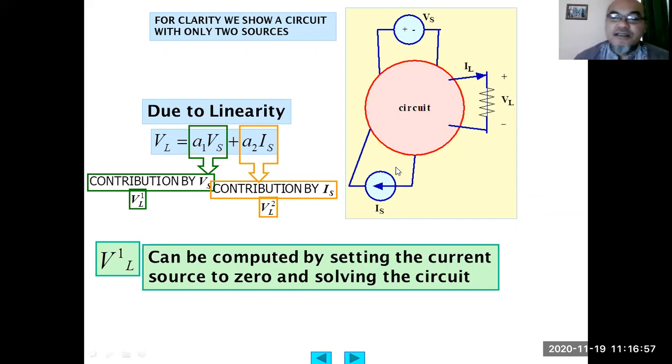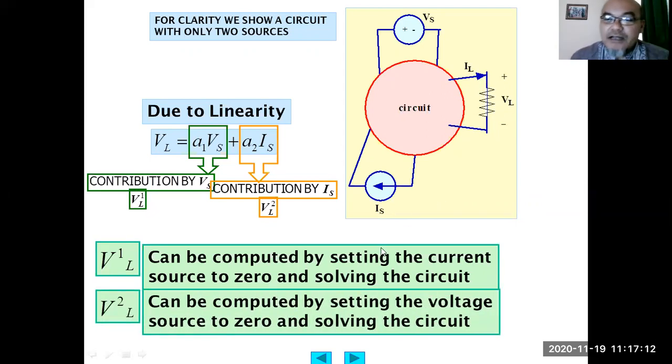Then solving the circuit, we obtain VL1, the contribution of the voltage source to the loading voltage here. After that we calculate VL2, the contribution due to the current source, by making the voltage source 0. How to make the voltage source 0? By short circuiting the voltage source.